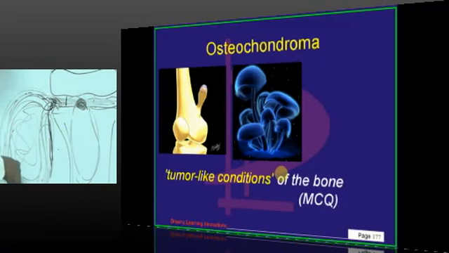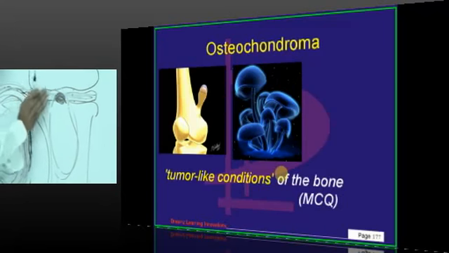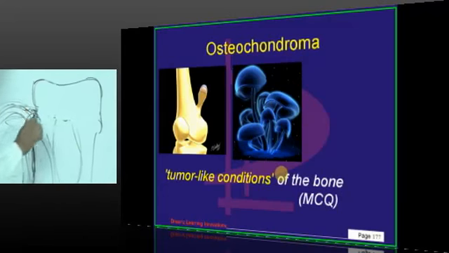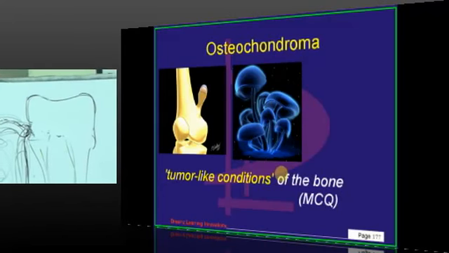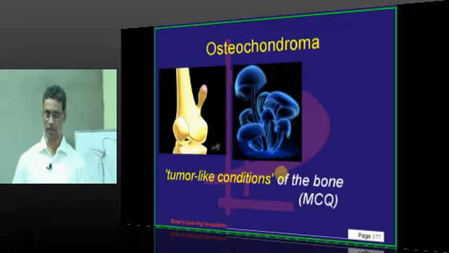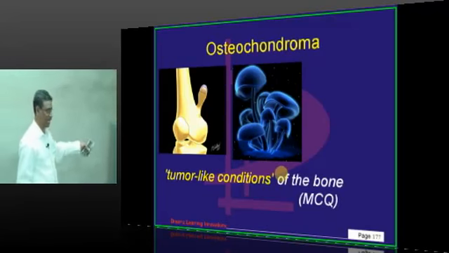It will grow until this bone grows. Once the parent bone stops growing and the epiphysis fuses, this also stops growth. So it is almost a parallel private practice by a student and the teacher. That is the occurrence.